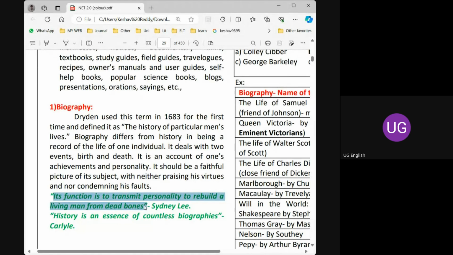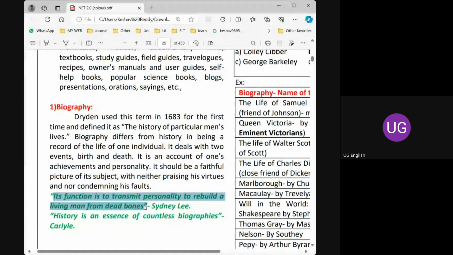His task, his duty is to rebuild a living personality from the dead bones. Maybe the famous personality has died, but the biographer, while writing, has to search for the historical truths, evidences, and create a living man from the dead bones.